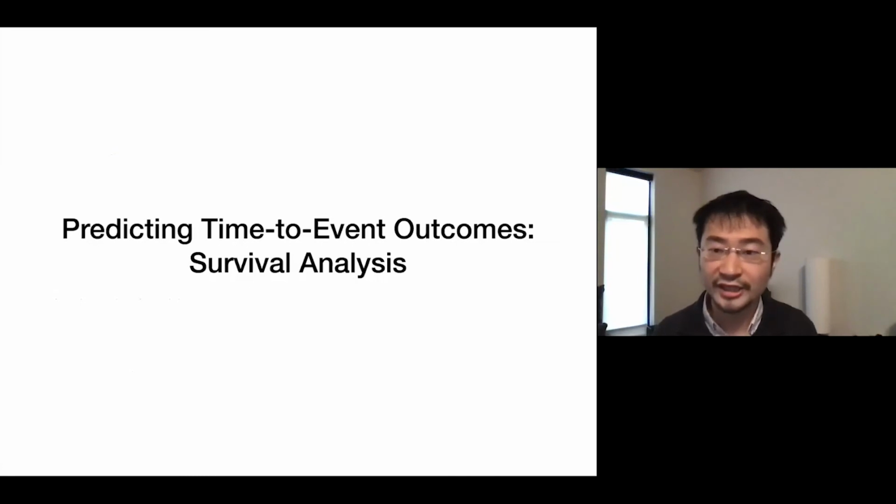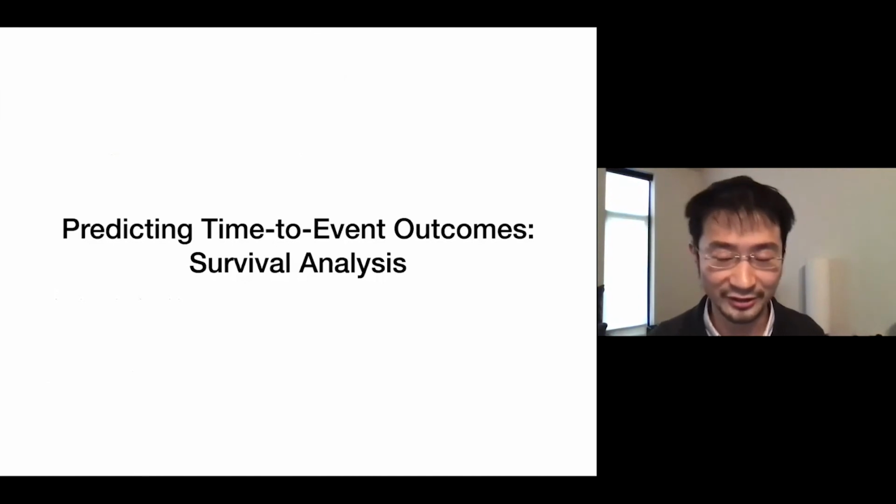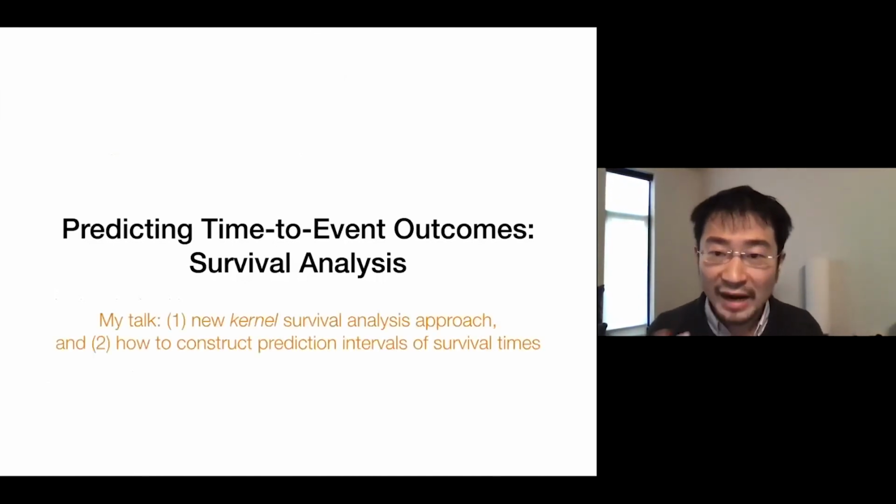So predicting time-to-event outcomes is fairly old. It's studied in this field called survival analysis. There are textbooks on survival analysis, so people have been looking at this for decades. In my talk in particular, I'll propose a new kernel survival analysis approach, and I'll also talk about how to construct prediction intervals of survival times.